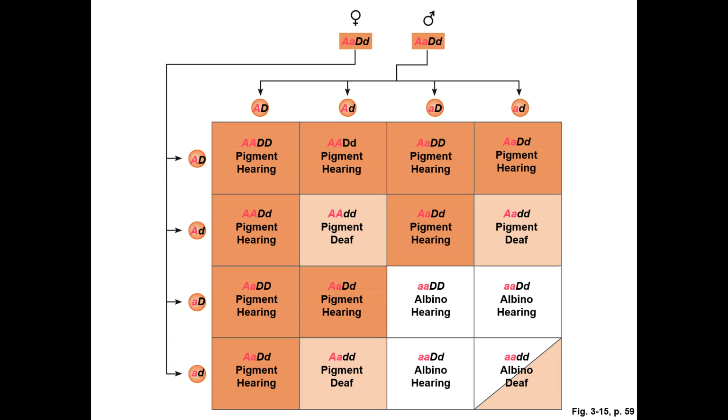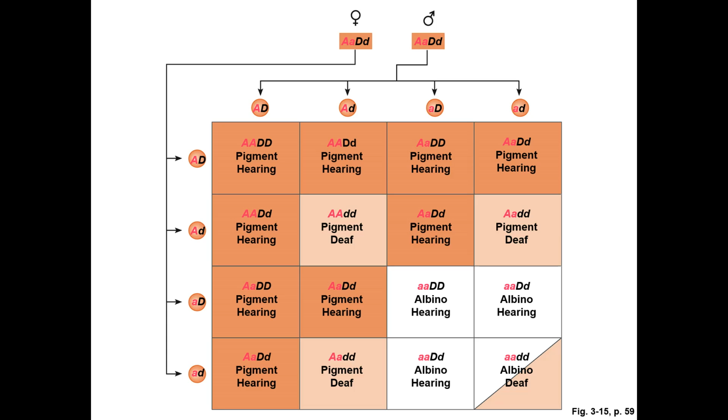Now, apart from the obvious features of albinism, like the light skin, light hair color, reddish eyes, so there's a pigment deficiency, you could also have hearing deficiencies associated with it too.